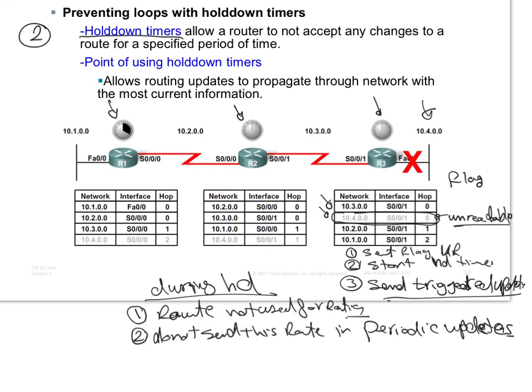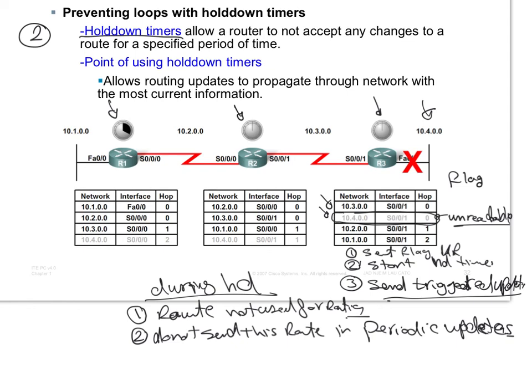Okay, so logically, this triggered update will reach the entire network through flooding. So triggered updates will be sent incrementally to all routers, and during the hold down timer, all routers will just wait until this update for this route propagates the entire network, and everybody will be informed about it.